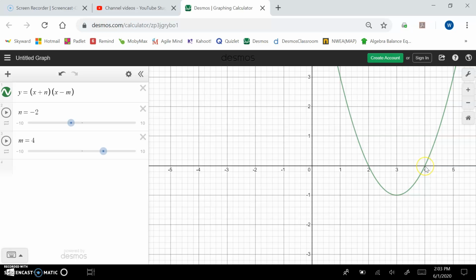Positive 2 and positive 4 are my x-intercepts because 2 minus 2 and 4 minus 4, both of those equal 0. So there are two ways for a quadratic function to have a y value equal to 0, and the n and m values indicate what those are. But when you're looking for what the x-intercepts are, you're looking for an x value that has the opposite sign of n and m.